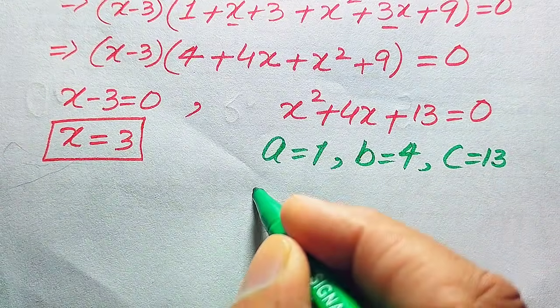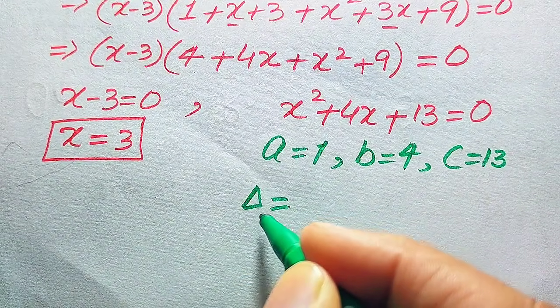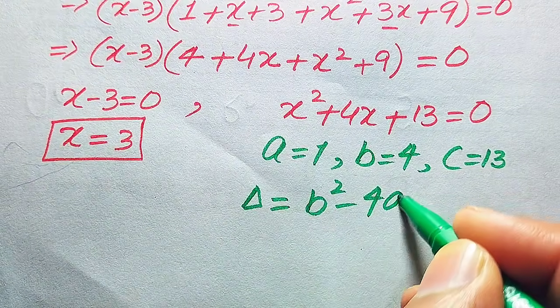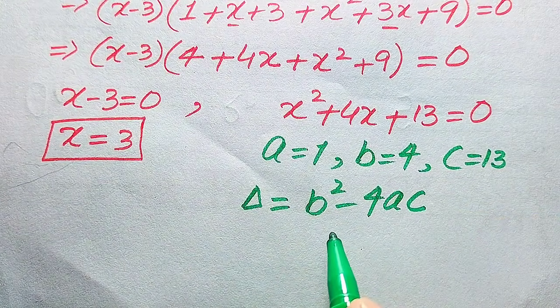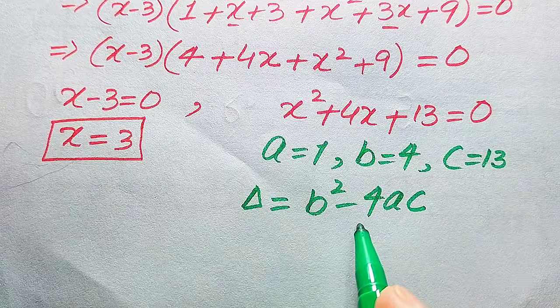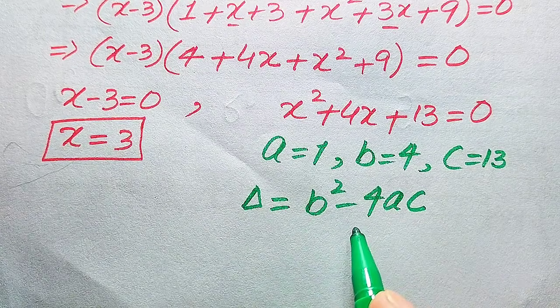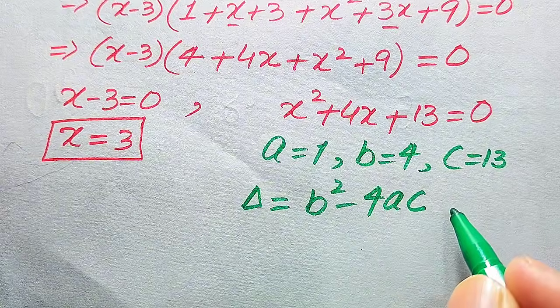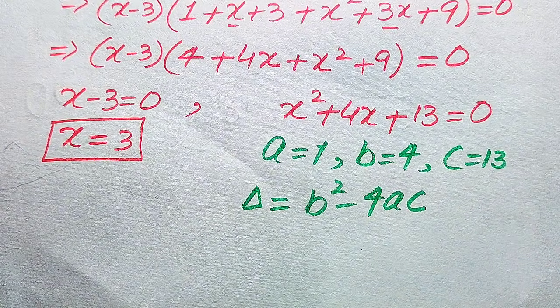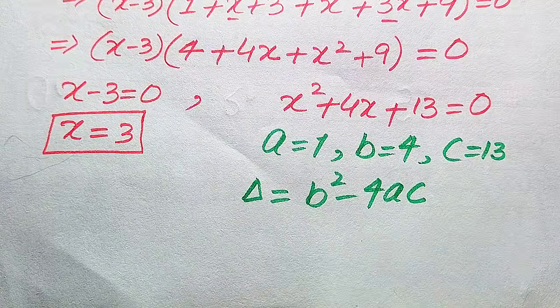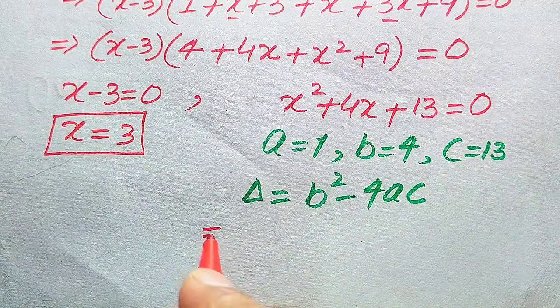The discriminant is denoted by delta equals b square minus 4 times ac, and we know that if delta is greater than or equal to 0, then it has real roots, and if delta is less than 0, it has complex roots. So we substitute the values of a, b, and c and check its behavior.